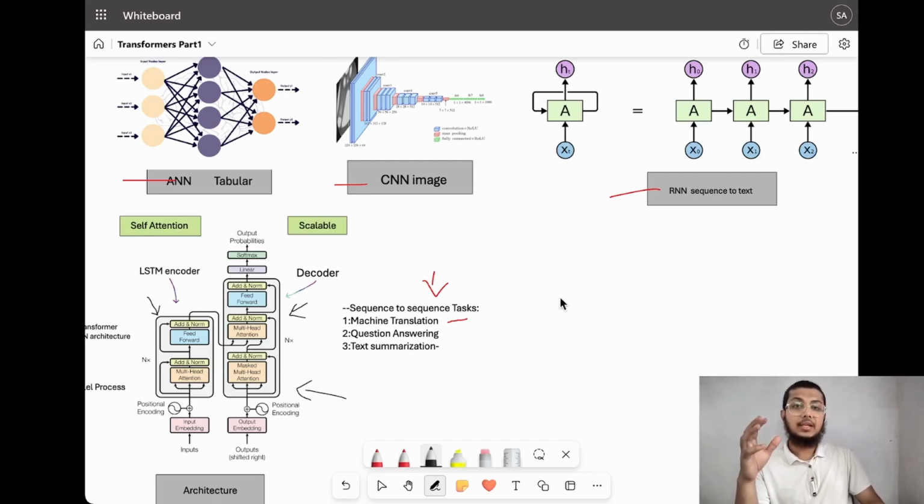What is different here is that you do not use LSTM, which you must have seen in the previous sequence to sequence architectures. Here you use a form of attention which is called self-attention, due to which the encoder can process all the words of your sentence simultaneously. It can do parallel processing, due to which this architecture is very scalable.